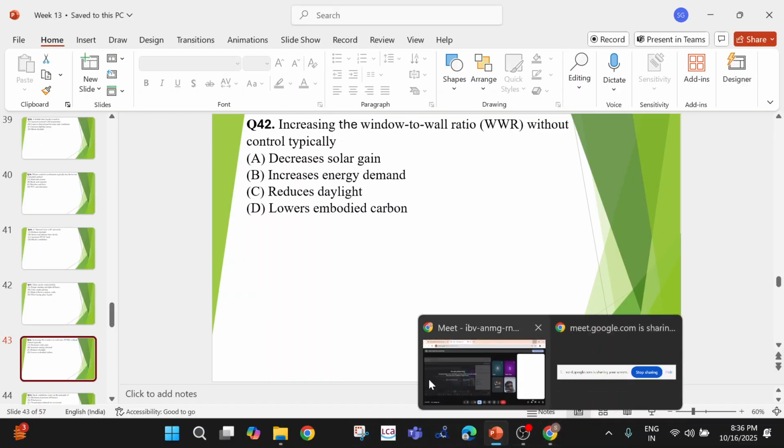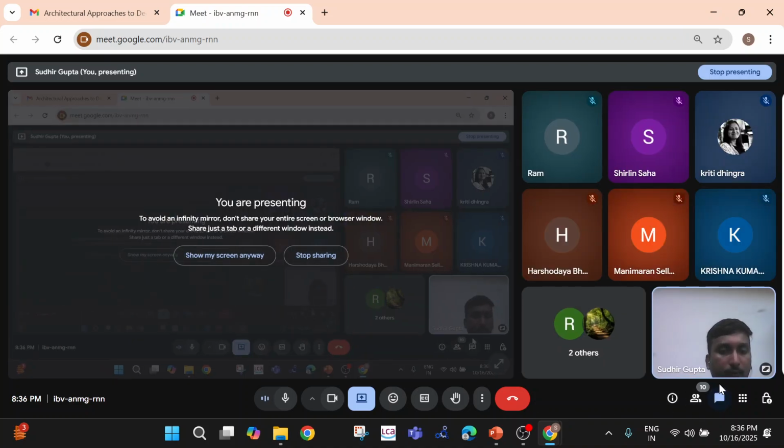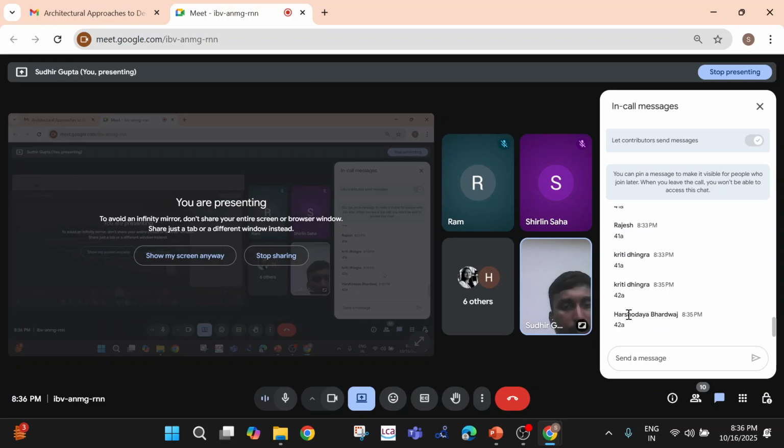So most of you don't know the answer. Few of you have only marked it, and you have marked it as 42A.